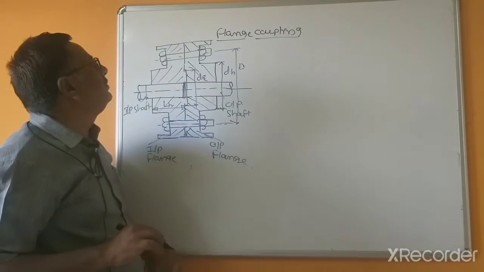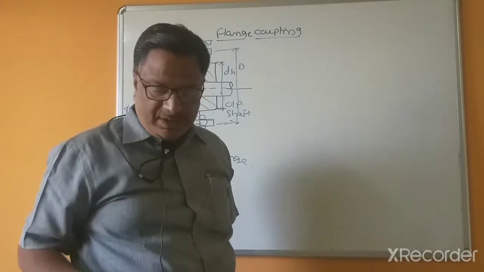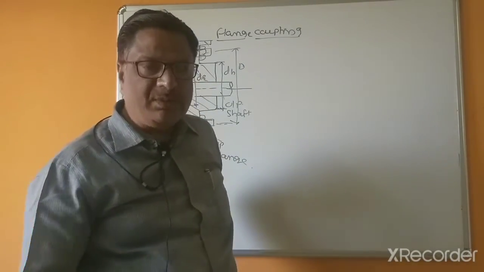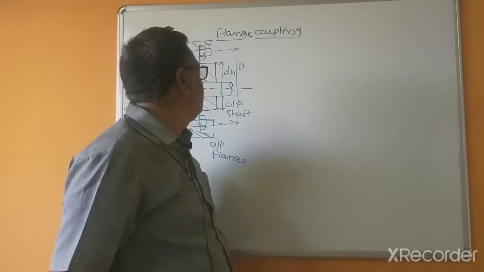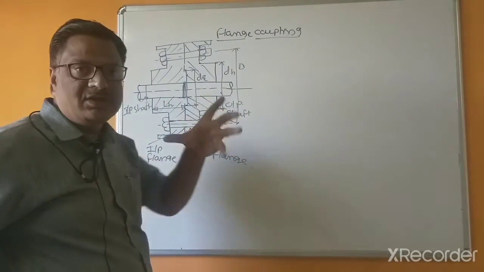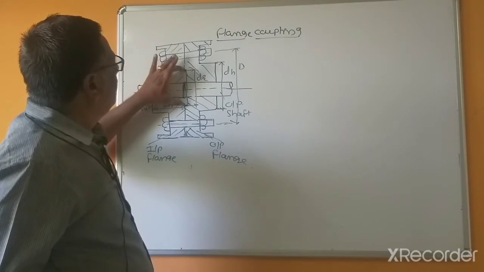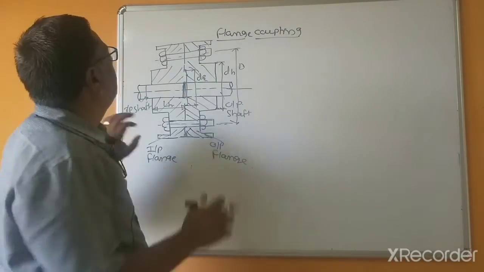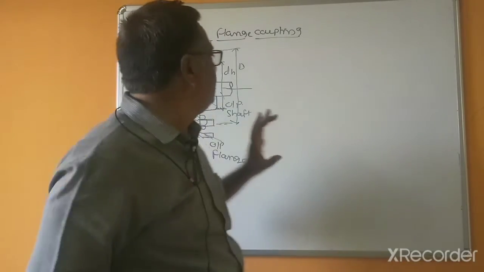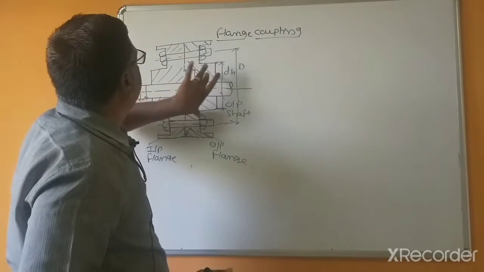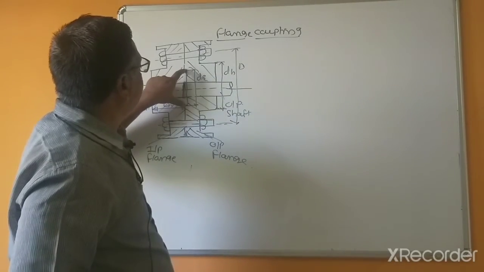So first we'll see the flange type of coupling. Such couplings we can use for medium and high speeds, and this is a rigid coupling used where perfect alignment is required. So this is the input and this is the male type, and this much is the slot required, because this part is projected and we can insert the coupling in this recess.